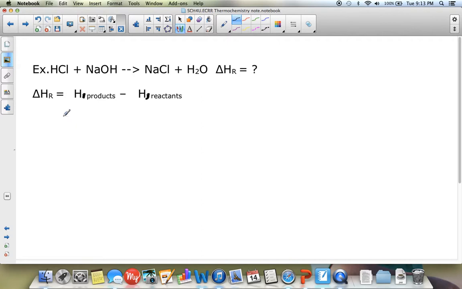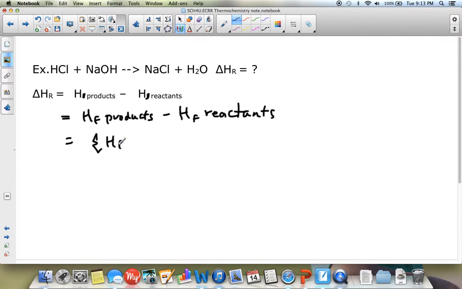We know that the heat of the products is equal to the heat of formation of the products minus the heat of formation of the reactants. So we write it as the sum of the heat of formation of the products minus the sum of the heat of formation of the reactants.